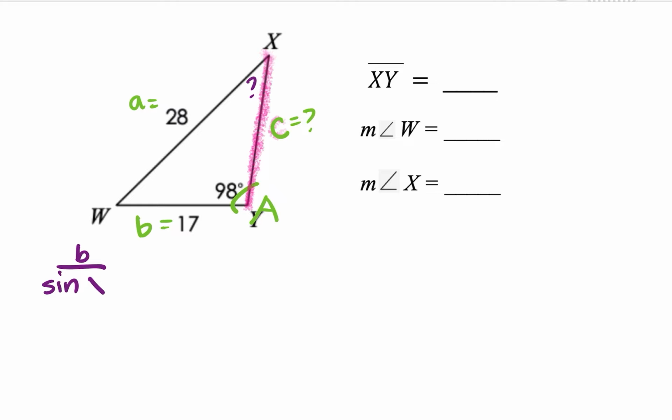So let's see, that is big B equals. Then I'm going to use the given A over sine A.